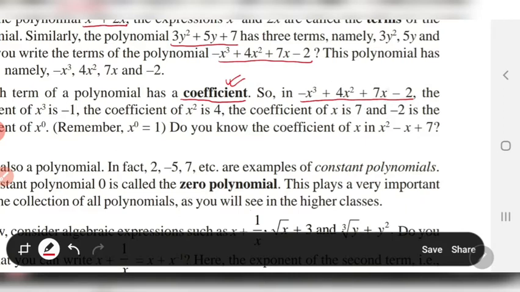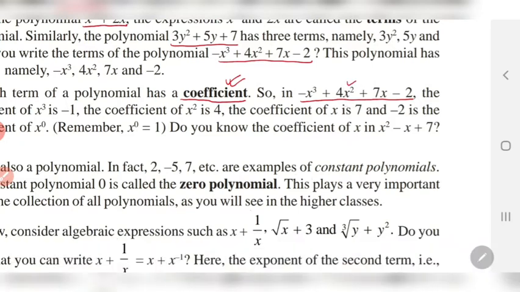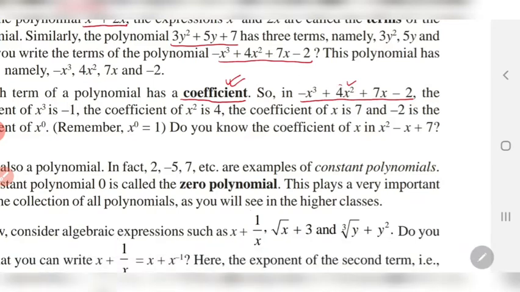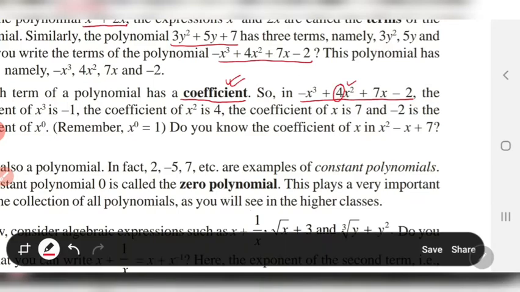Now tell me from here, what is the coefficient of x square? The coefficient of x square will be the number in front of x square. So what is the number in front of x square? That is 4. So the coefficient of x square is 4.